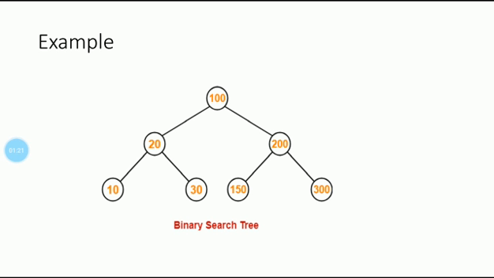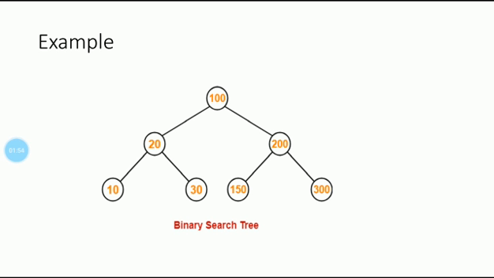Okay. So initially, what is the pre-order traversal? Pre-order traversal means root, left, right. On this binary search tree, the root is 100, and left is also a subtree, so we have to perform the pre-order traversal on the left subtree. The left subtree is 20, 10, 30, and its pre-order traversal is 20, 10, 30.